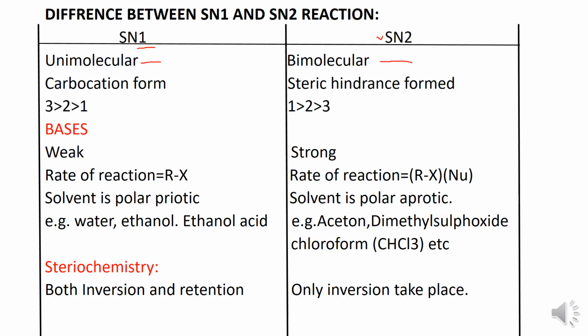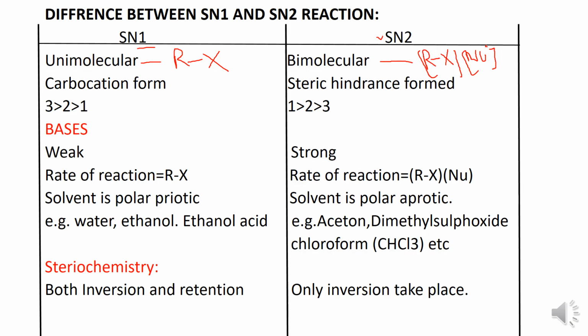We discussed before: unimolecular means the rate depends on the RX only, while bimolecular means it depends on the RX and the nucleophile. That's why we call it a bimolecular substitution reaction.